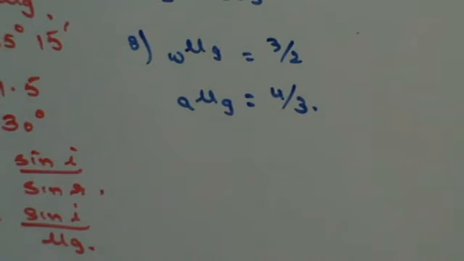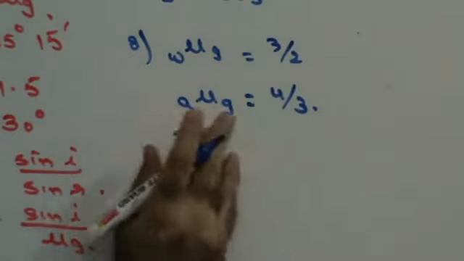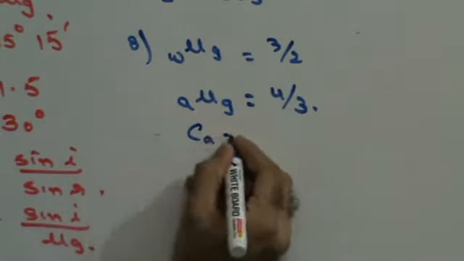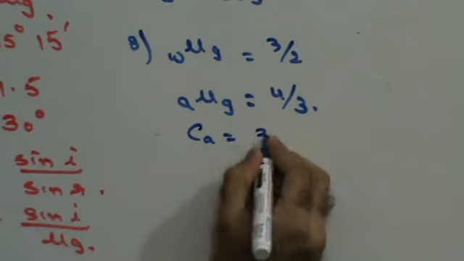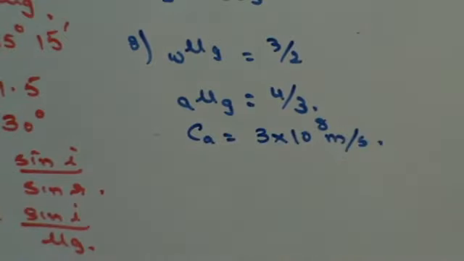Also find the refractive index of glass with respect to water, if the velocity of light in air is 3 into 10 raised to 8 meters per second.